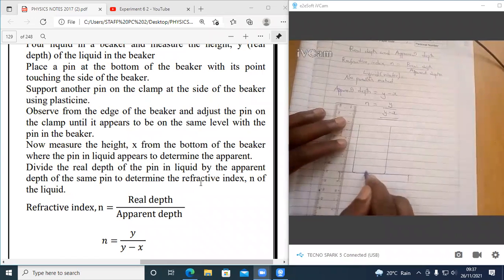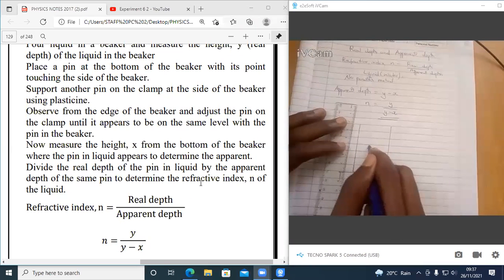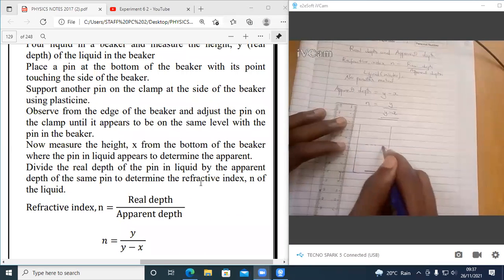Now the pin is down here. Let's assume this is the pin. I'm just assuming, members, the pin must be touching the side of the beaker. So now after adjusting, let's assume that due to refraction, this pin will appear to be here.